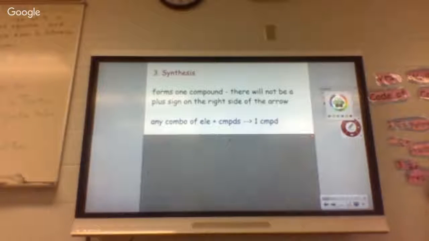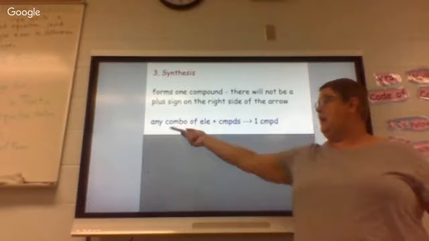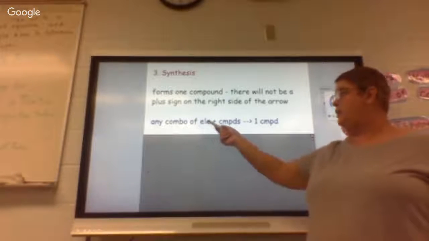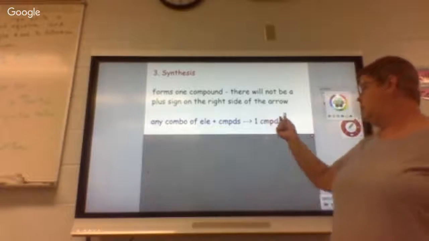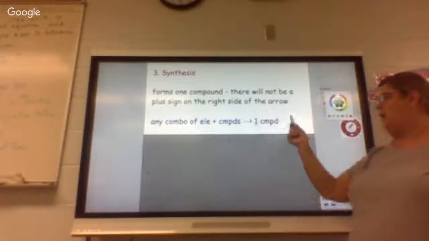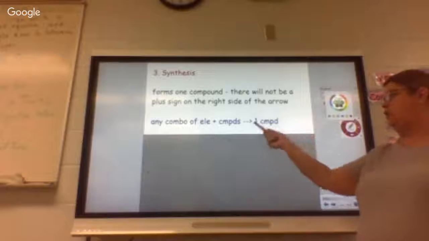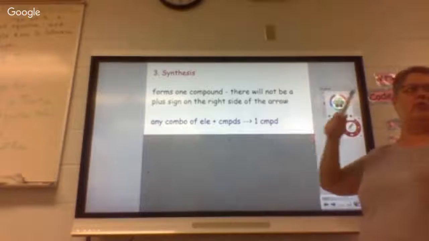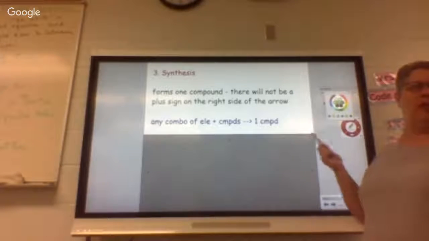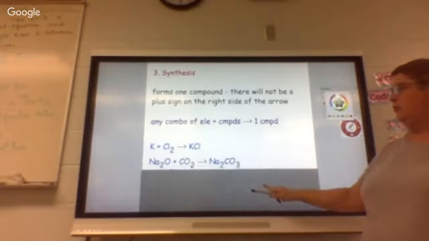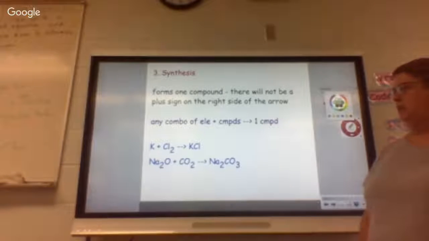So for example, see how I said any combination of elements and compounds? You've got a plus sign over here. Is there a plus sign over here where I put my one compound? No, because there's nothing added to it. It's just one compound. There's no this plus that. It's just one thing. So here are some other real examples.